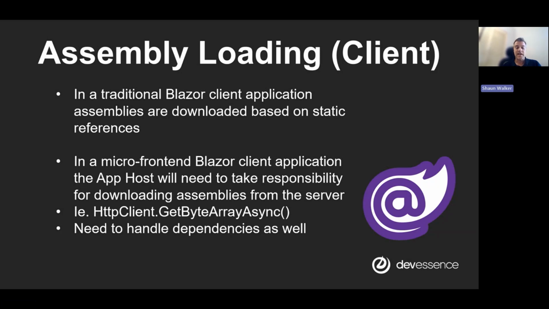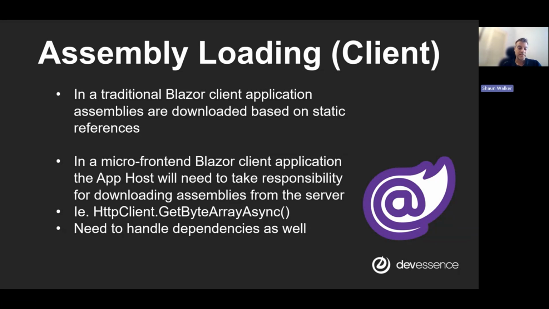In a micro front end application, with loose coupling, and things not hard-coded anymore, the app host on the client side needs to take responsibility for downloading the assemblies from the server, right? So it needs to be able to make a call to the server and say, hey, get me the assemblies that need to be downloaded to the client.